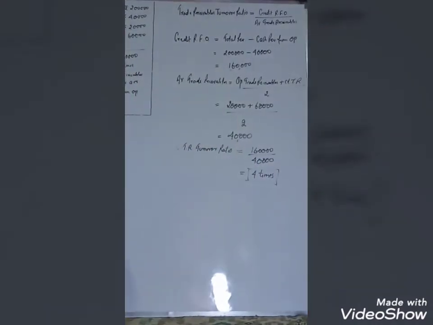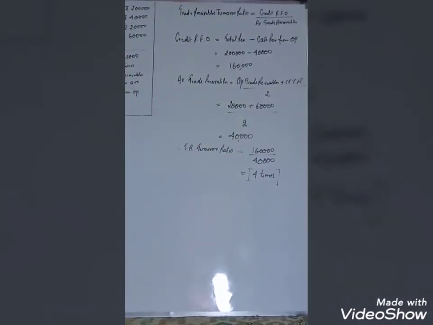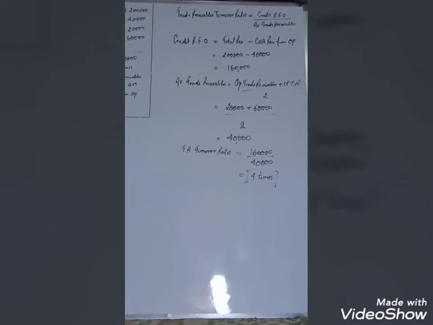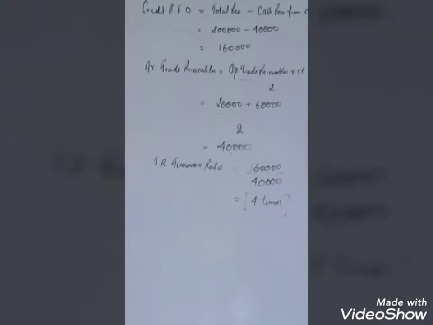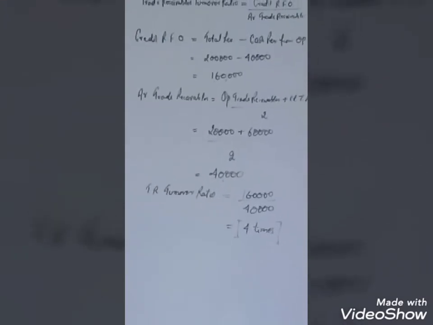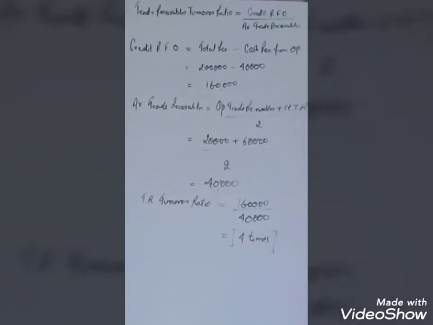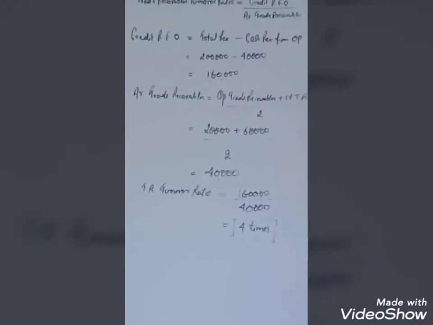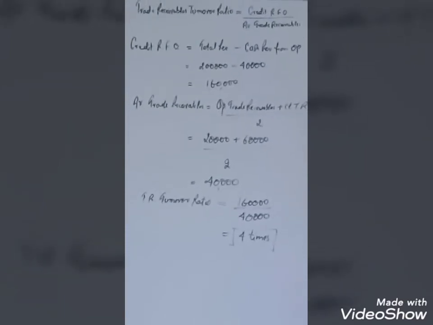Trade receivables turnover ratio is 4 times. The ratio indicates the speed with which the amount is collected from trade receivables. The higher the ratio, the better it is, since it indicates that amount from trade receivables is being collected more quickly.